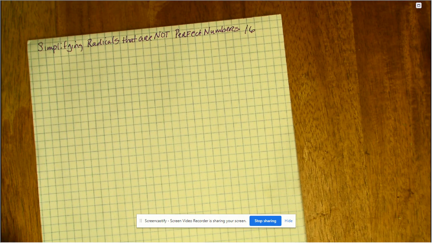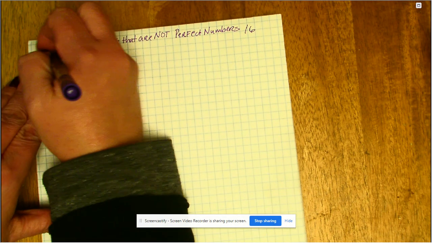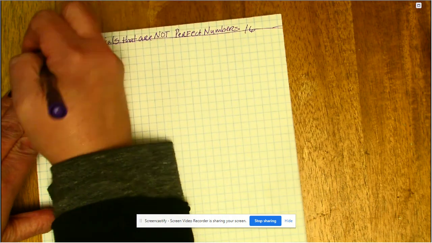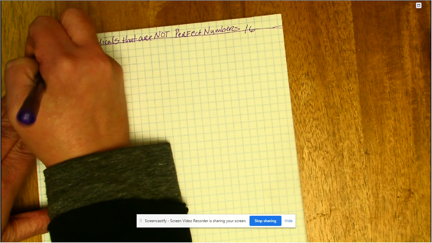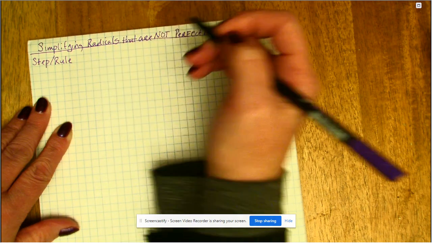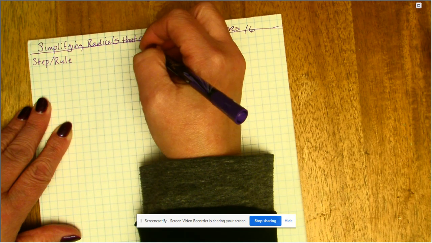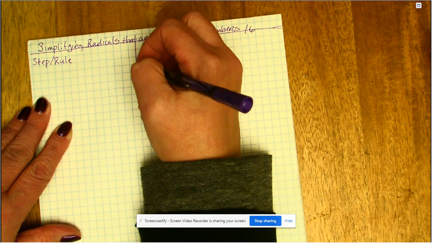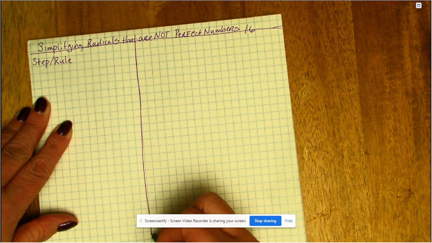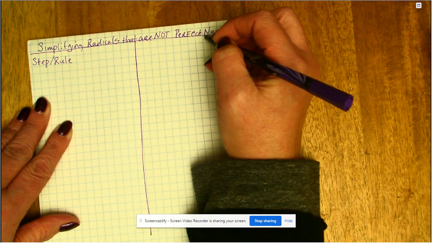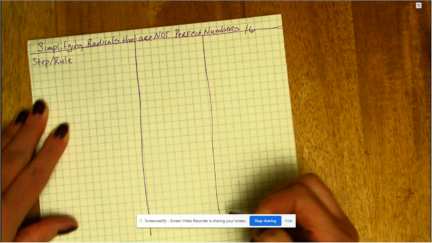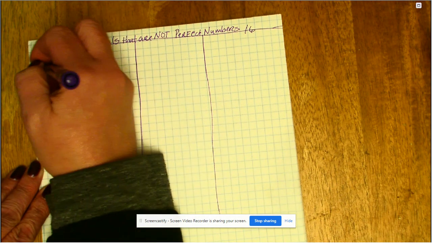So we're going to draw, say, step or rule. Give ourselves a lot of room to put that in. Do 2 columns here.